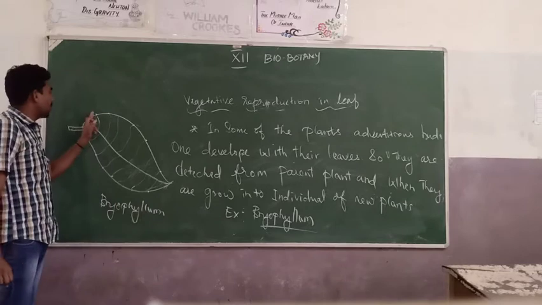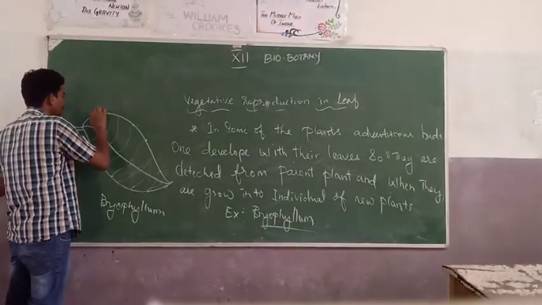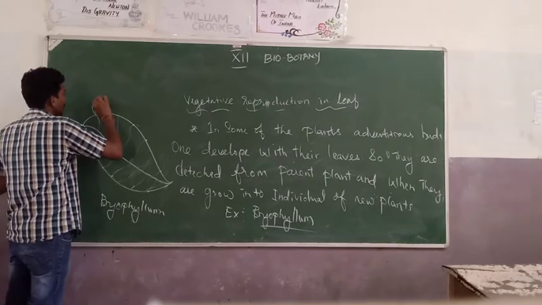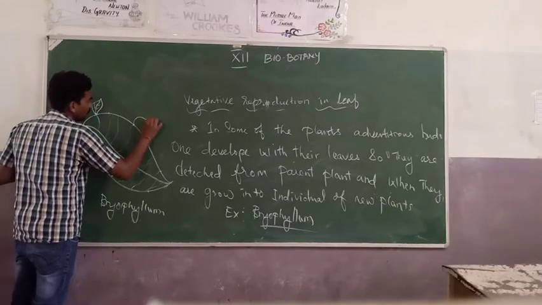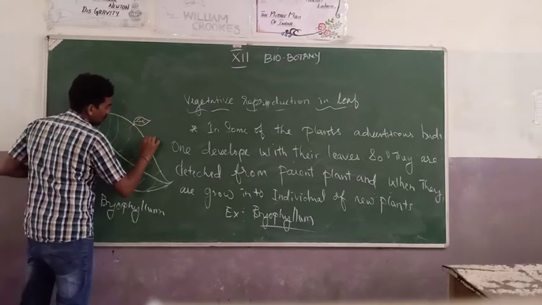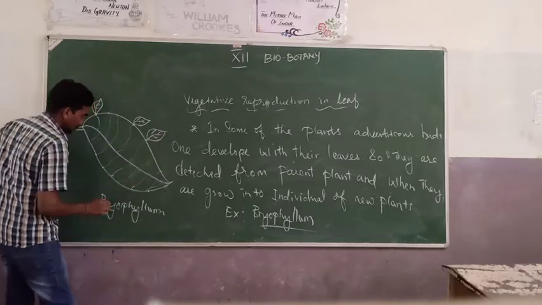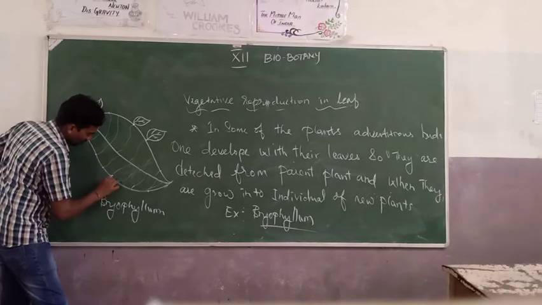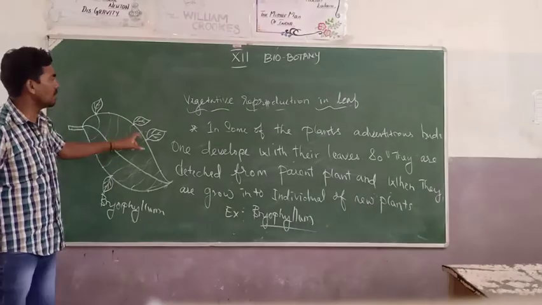Each bud develops into a new plant body. So this is called vegetative reproduction in leaf.